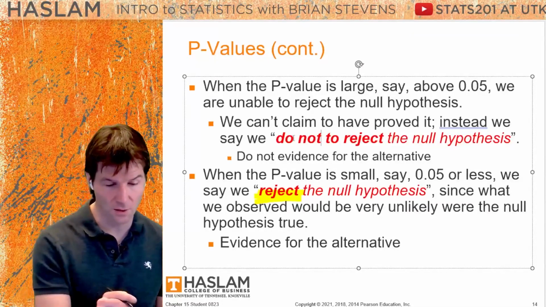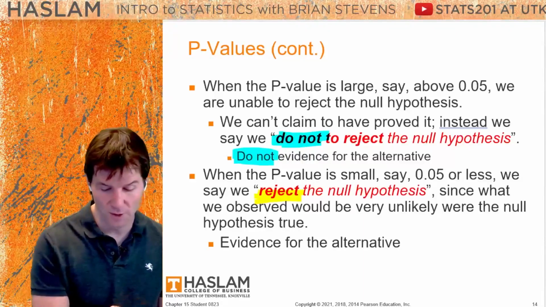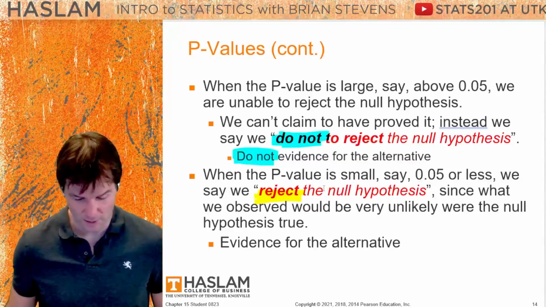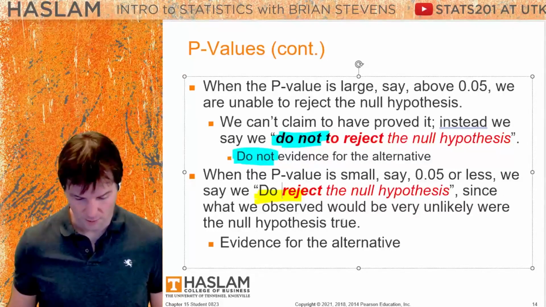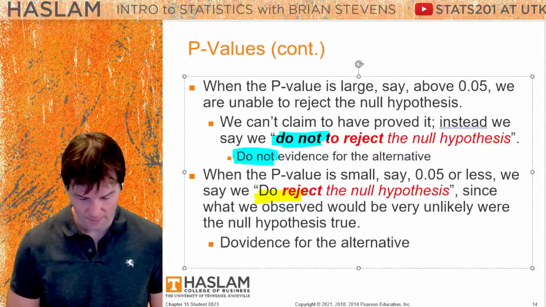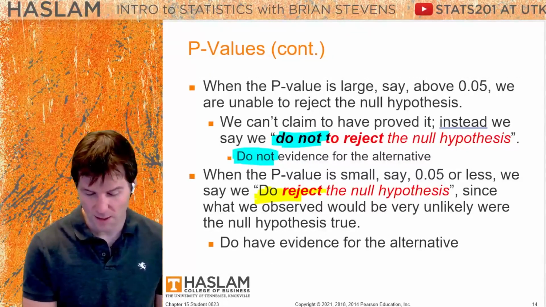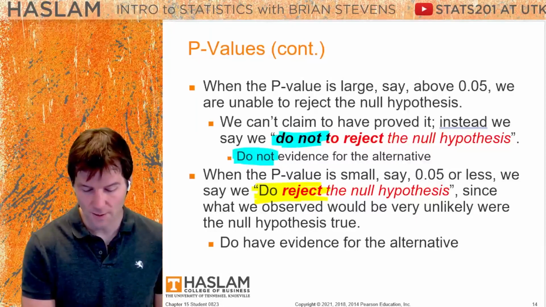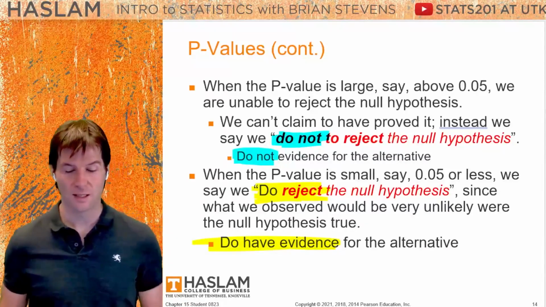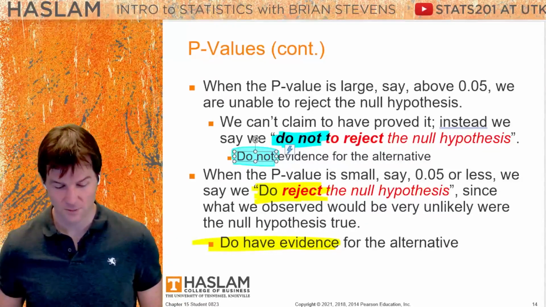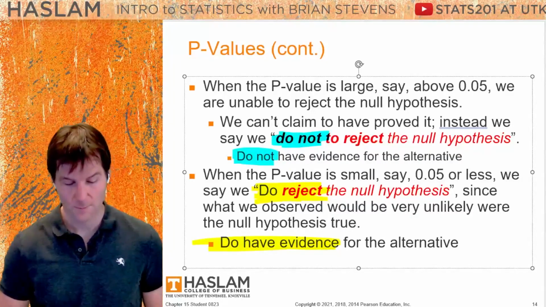If you do not reject the null, you do not have evidence for the alternative. If you do reject the null, I do reject the null, and I do have evidence for the alternative. So if you reject the null, you do have evidence for the alternative. If you do not reject the null, you do not have evidence for the alternative.